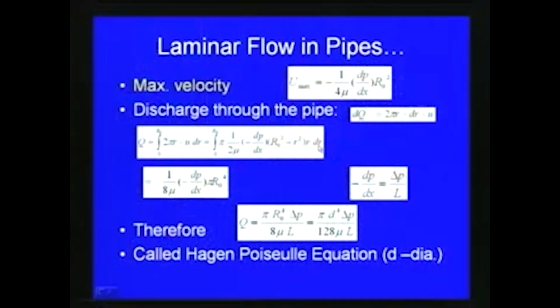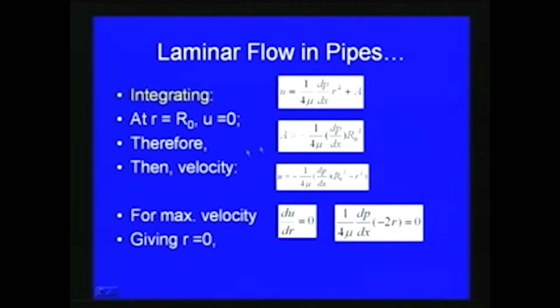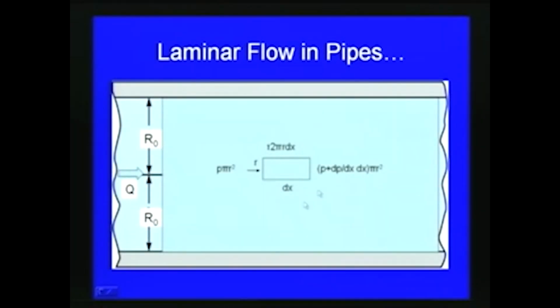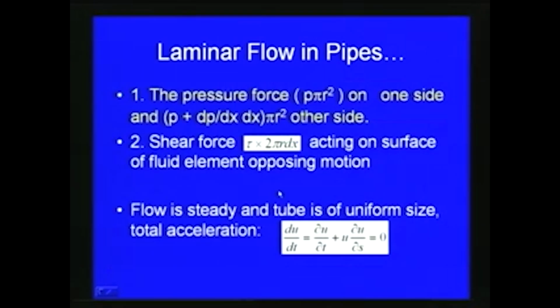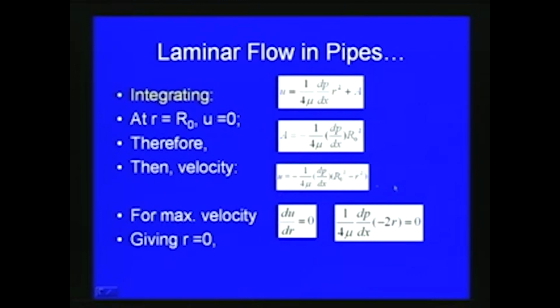Before going to the further topics on pipe flow, we will continue with what we discussed in the last lecture. We have derived the equation for the velocity variation as u is equal to minus 1 by 4 mu dp by dx into r0 square minus r square, where r0 is the radius of the pipe, Q is the discharge, and we consider a fluid element like this. Here p is the pressure and mu is the coefficient of dynamic viscosity.